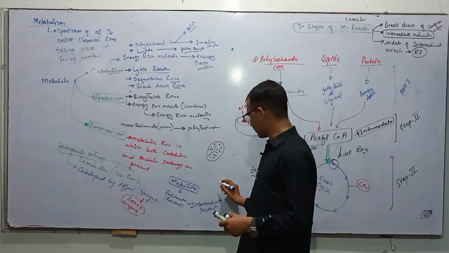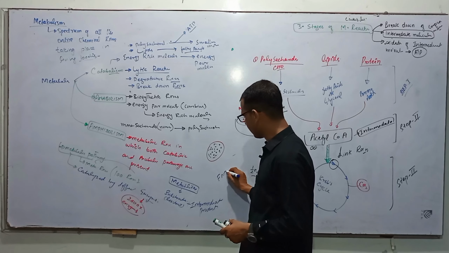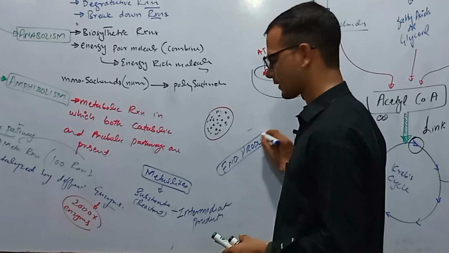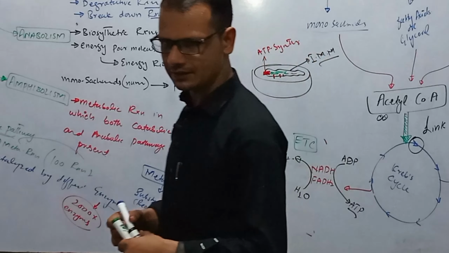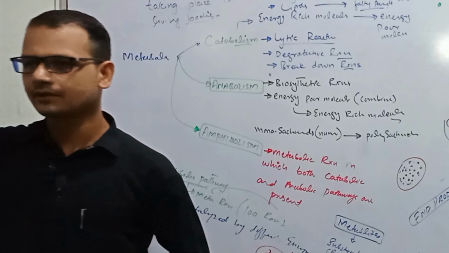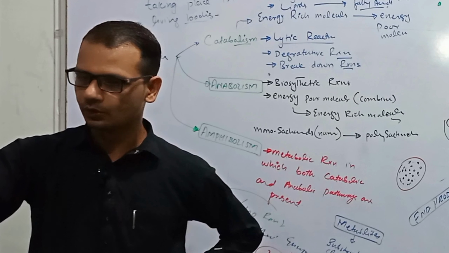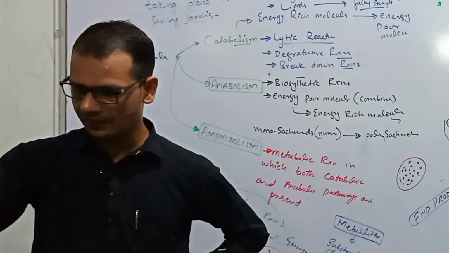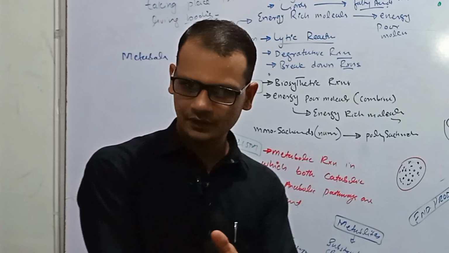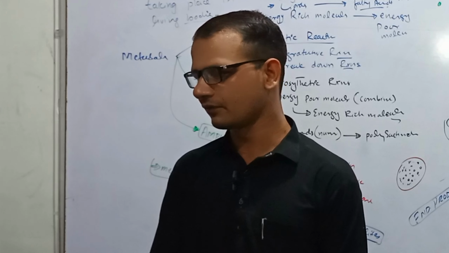The third one, we will use the end product. These are the results of a metabolic reaction. For example, in glycolysis, with the breakdown of glucose, the end products are two. One is lactic acid and the second is pyruvate. If the glucose is converted into lactic acid, this is the end product of glucose.